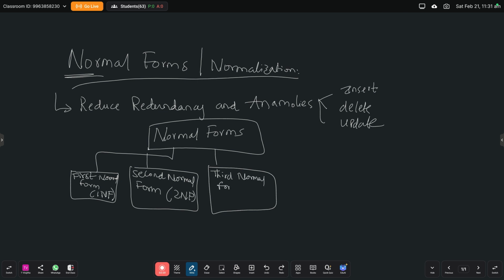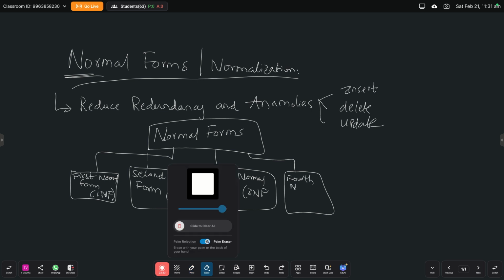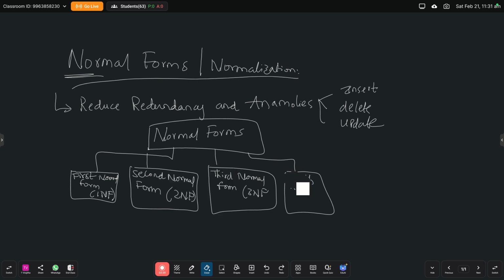Whatever I write here should be copied in your notes. Again, I will not give you extra time to copy. Next is Boyce-Codd normal form, which is also called BCNF.